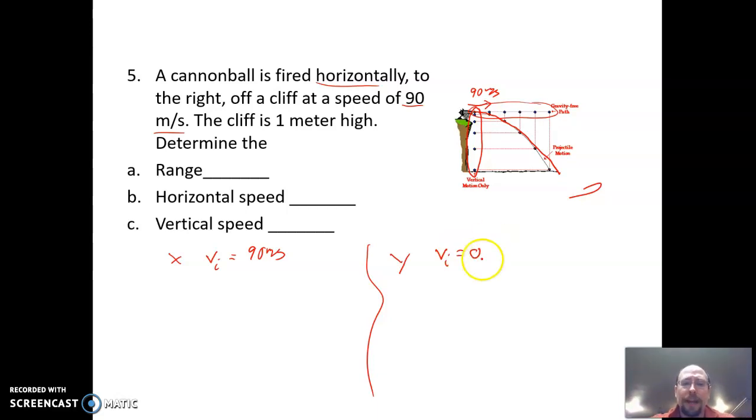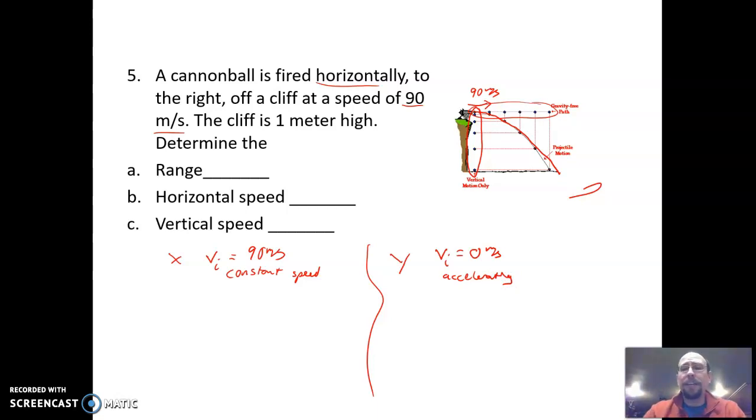And in each case, horizontally, if we imagine this going in a straight line, we know that it would be going at a constant speed. And this one, as it falls down vertically, will be accelerating because of gravity. And that's kind of the gist in how you start off the problem.